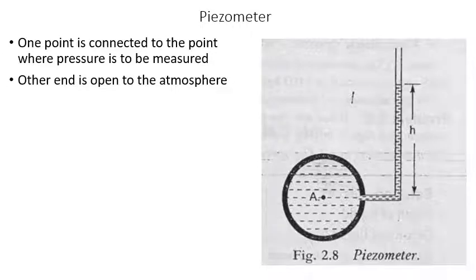Actually, an L type of glass tube is used here. One end is connected to the system where I want to measure the pressure. The other end is open to atmosphere.